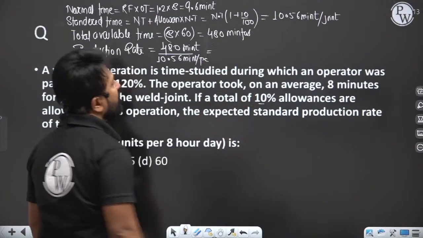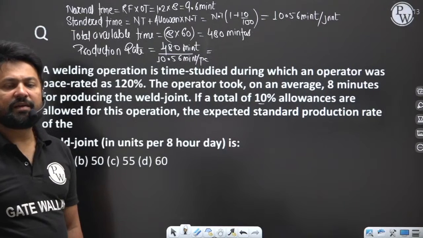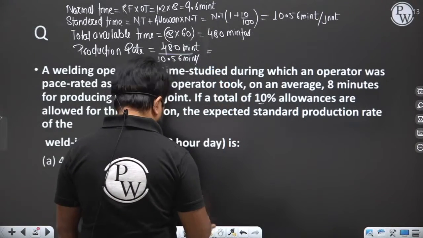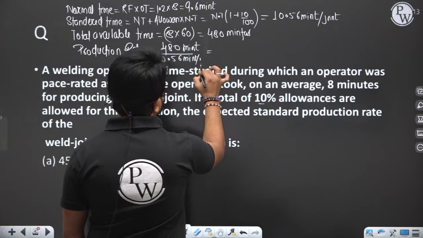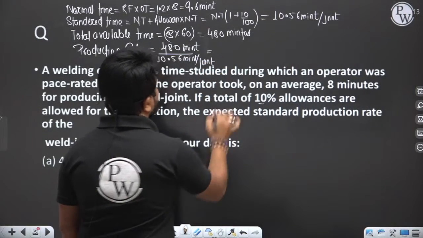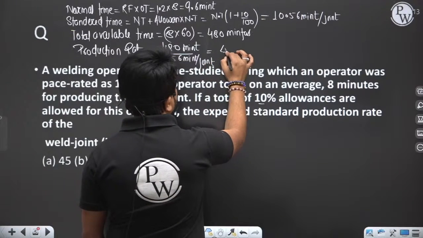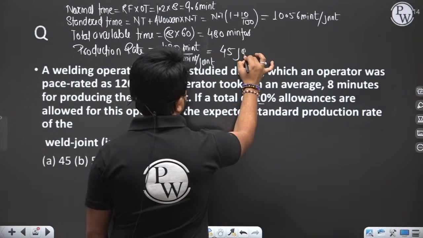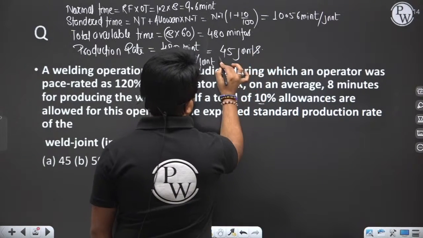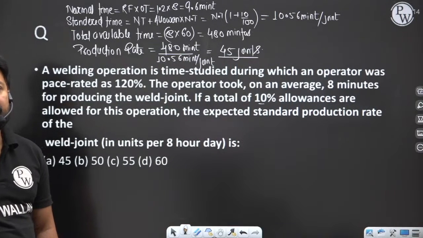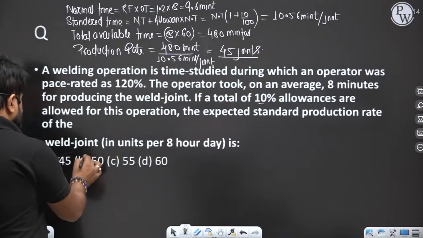It gives you the number of pieces or joints. How many joints will you get? You will get approximately 45 joints on average. So 45 weld joints you will get.